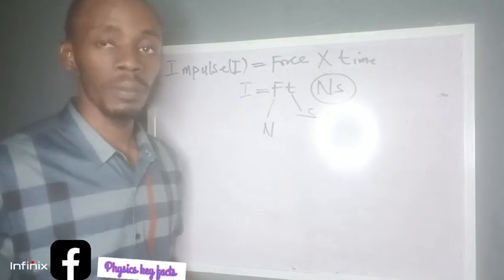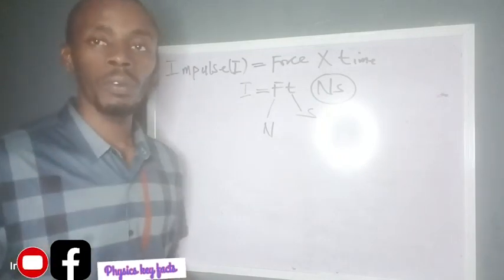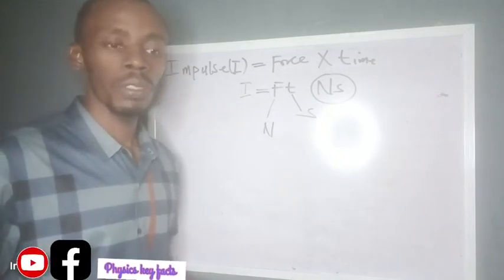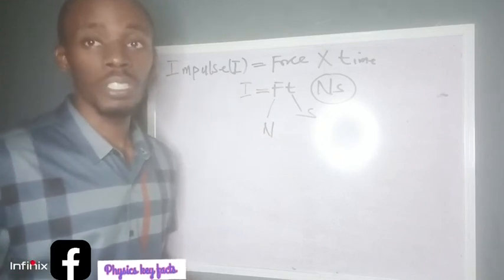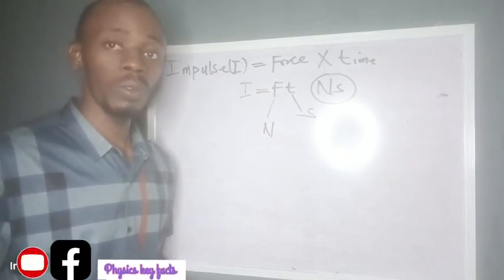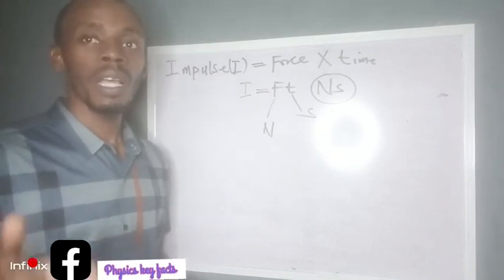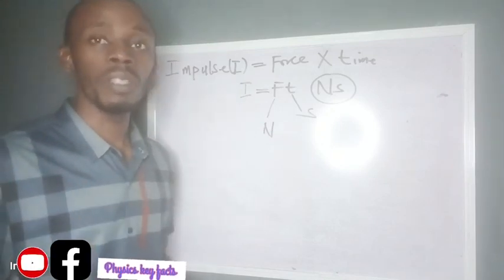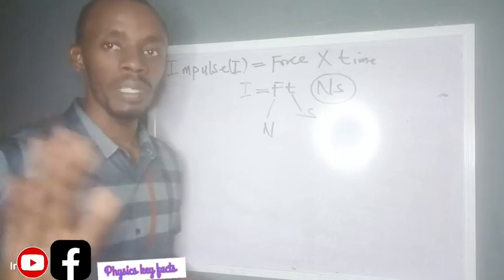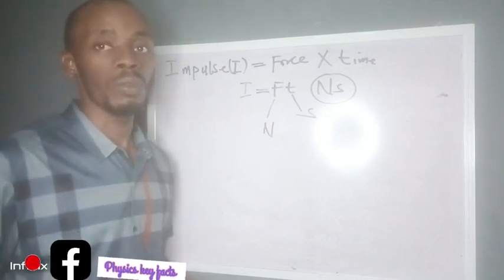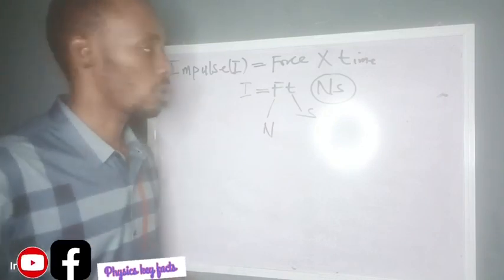So that's the unit. Another formula for impulse is simply change in momentum. So if you are told to define impulse, you can say impulse is the product of force and the time taken to bring about change in momentum, or impulse is simply a change in momentum due to an applied force.